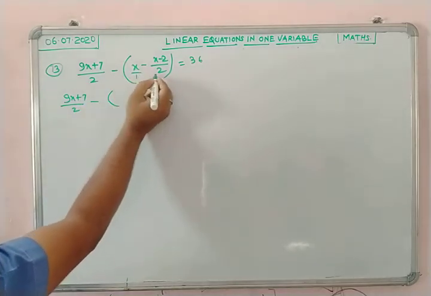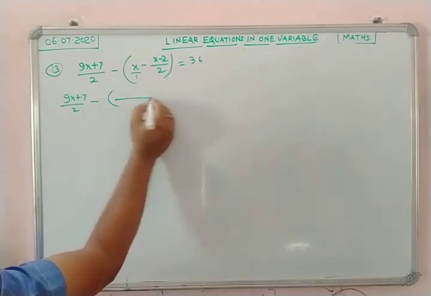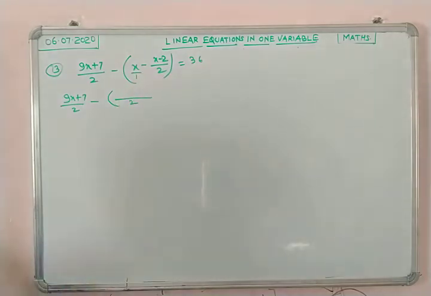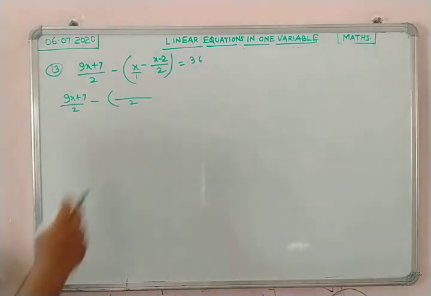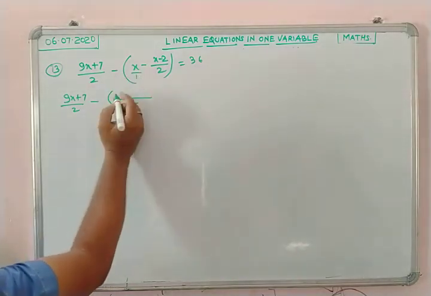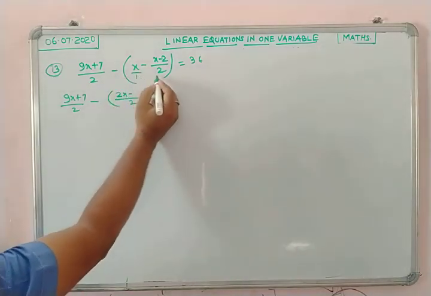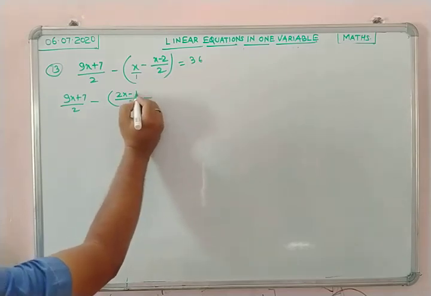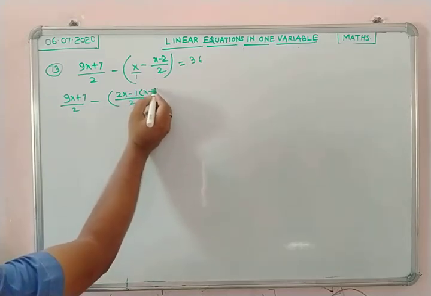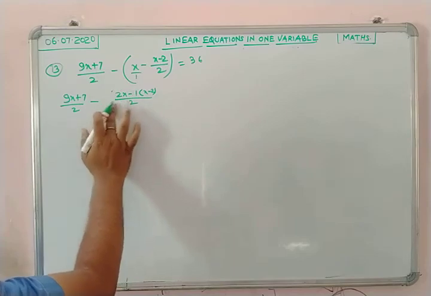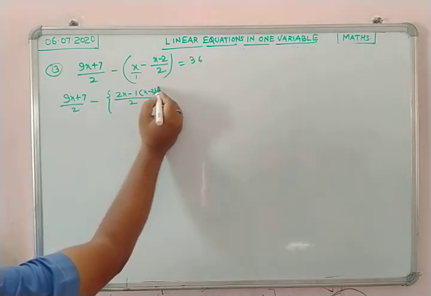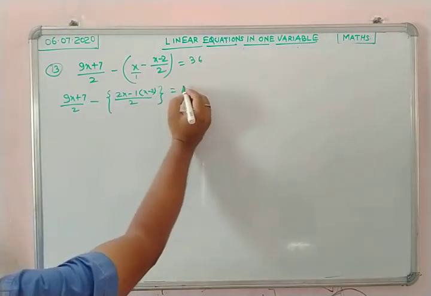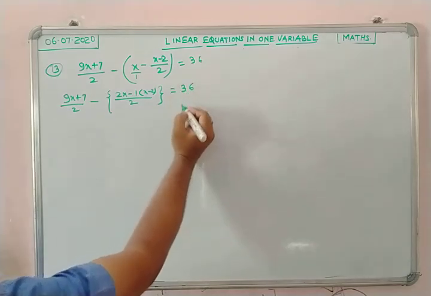If nothing is there, 1 is there. So the LCM of 1 and 2 will be 2. I am finishing the work within the bracket first. So 2 into x, 2x minus 2 times 1 is 2, that means x minus 2. I have to give the curly bracket, middle bracket here, since the small bracket is being used, equal to 36.